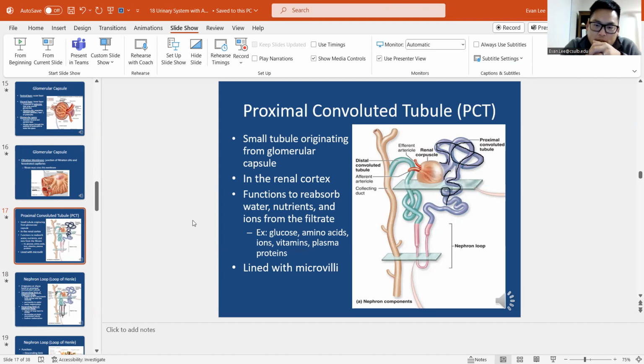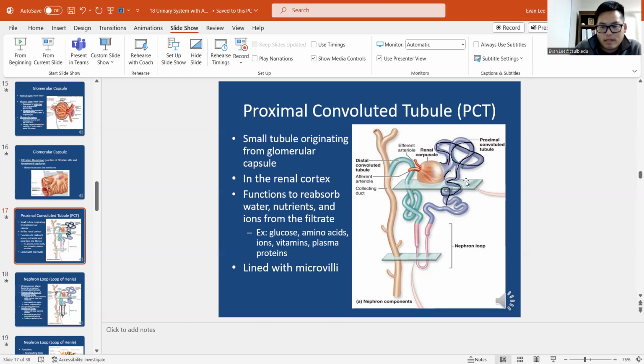And then this is a small tube. So once again, the longer the term, the smaller it is. This is called a tubule. So convoluted tubule. Now the word proximal means that we will also have the word distal involved here too. But when we think of the word proximal, think about closer to the starting point. This is closer to the glomerulus.